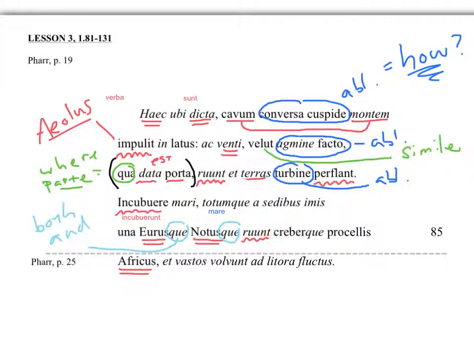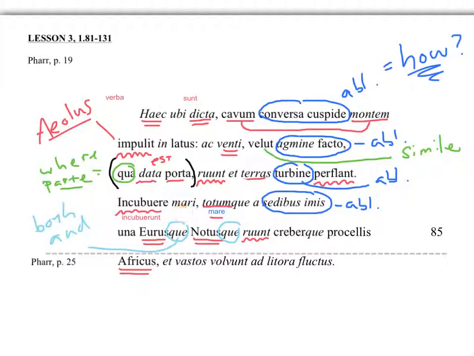Here's rush, and here they overturn the whole sea, but sometimes poets like to use the same word with different meaning. So this totum is the object, totum mare, okay? From their deepest seats or foundations, like from the depths, okay? And these are ablative, and they're ablative from where, because the ablative shows direction from a place.